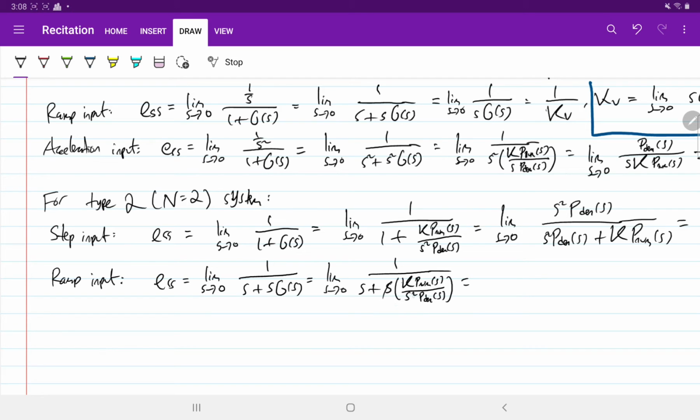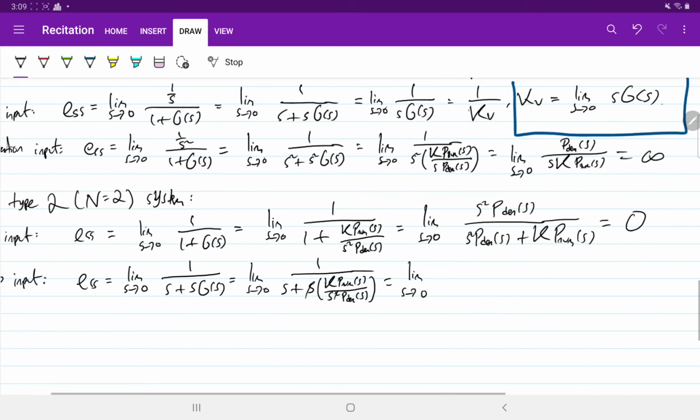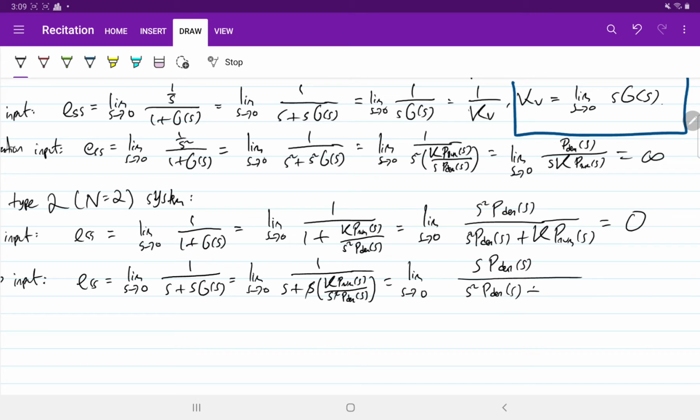So s cancels, which is limit s to 0. Multiply the numerator and denominator with s times p denominator. We have s p denominator over s squared p denominator of s plus kp polynomial on the numerator. Again, this is equal to 0.